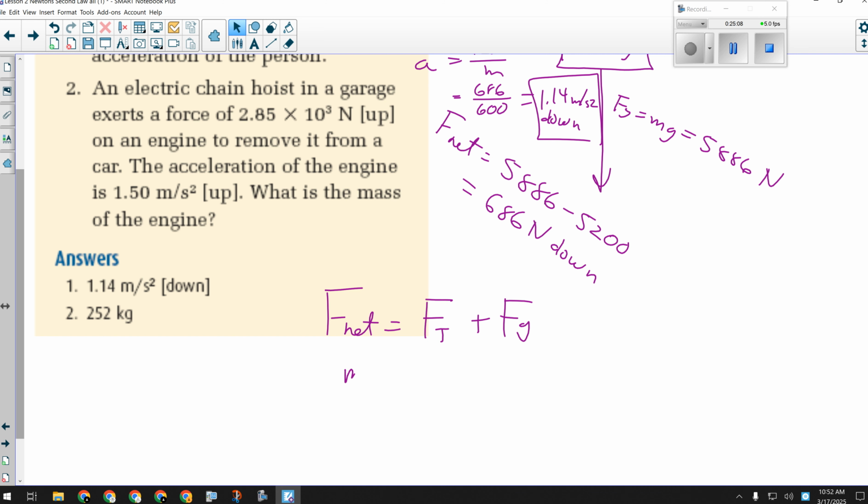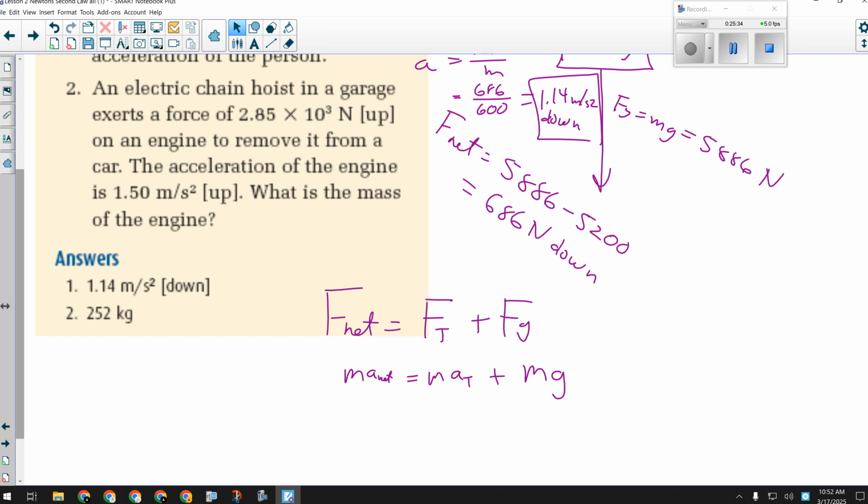F net is mass times the net acceleration. Force of gravity is mass times the acceleration due to gravity. And the force tension would be the mass times the acceleration the tension could produce if it was all by itself. Everybody okay with that?